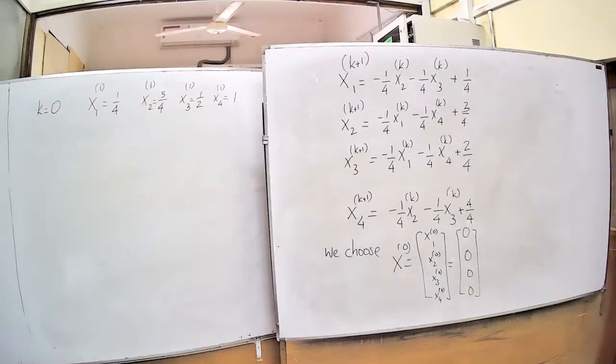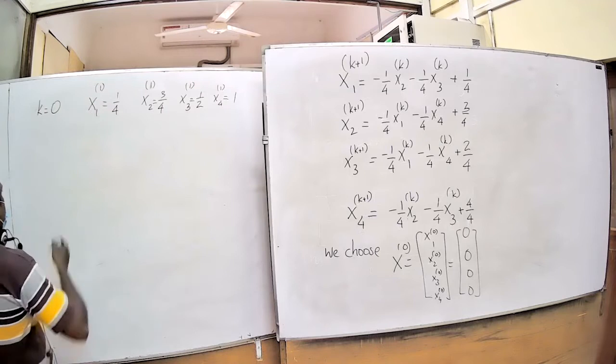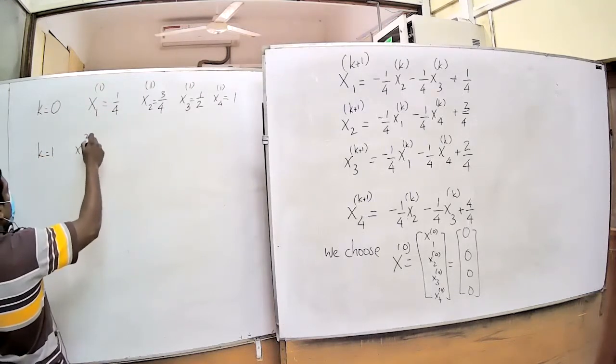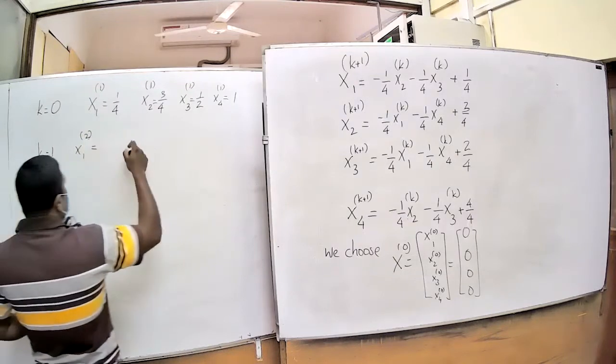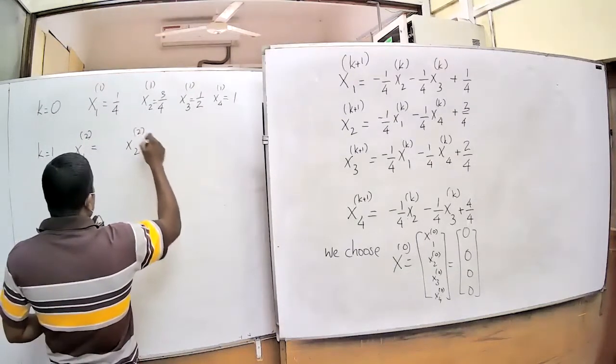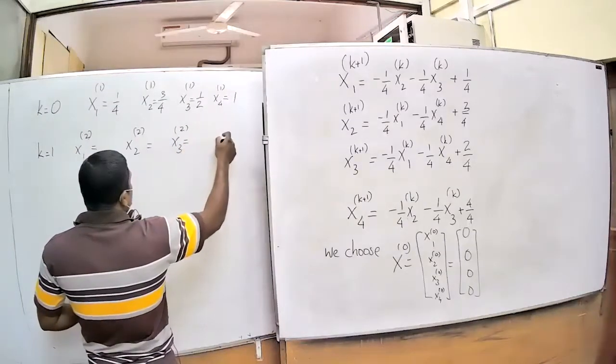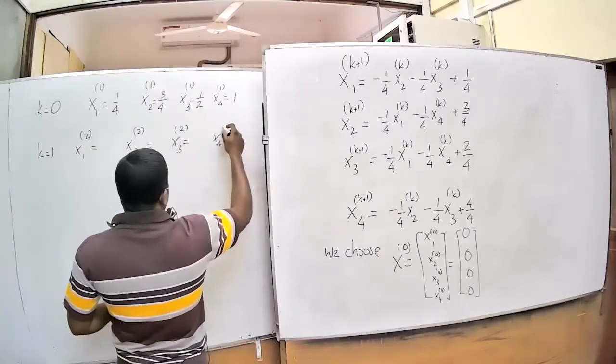Because you put all zeros, you can find them. Similarly when you put k is equal to 1 you can find x1 2, x2 2, x3 2, x4 2.